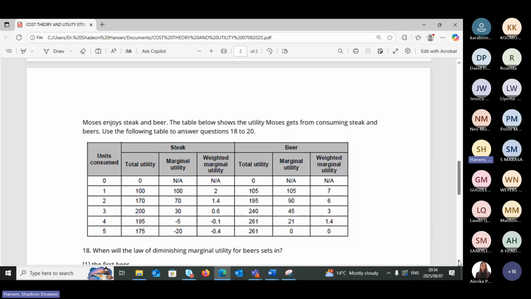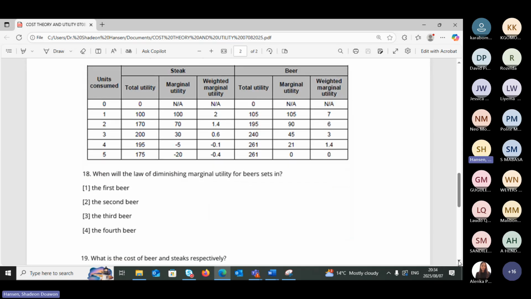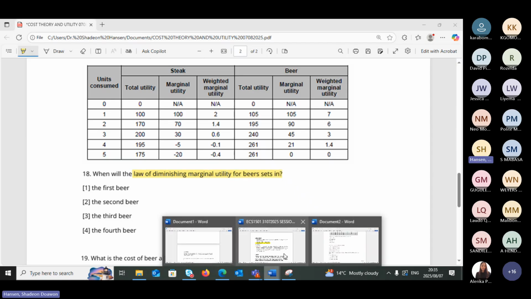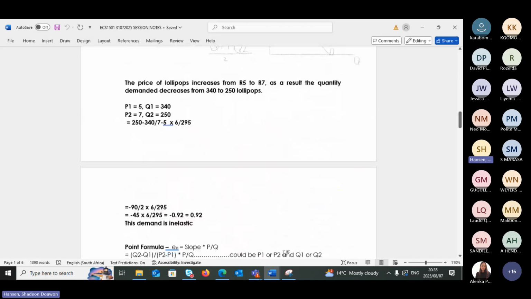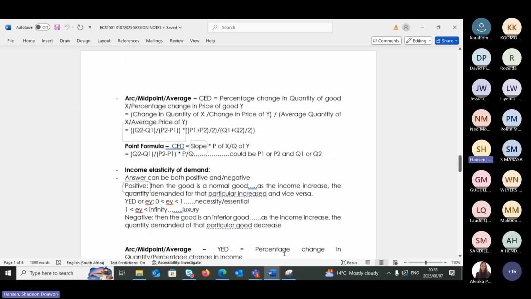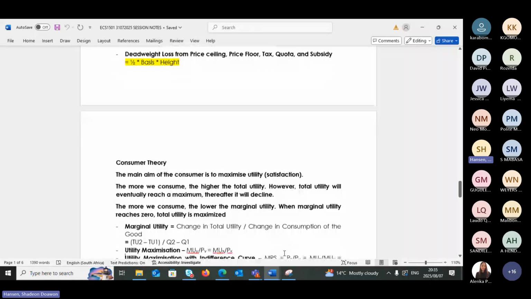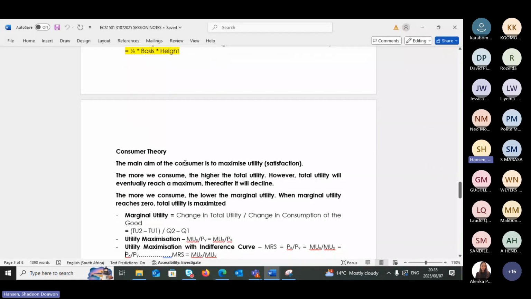It says over here, when will the law of diminishing marginal utility for beer set in? Remember, if we go back to our notes, students, when we talked about utilities last week, we said the aim of the consumer is to maximize utility or satisfaction.